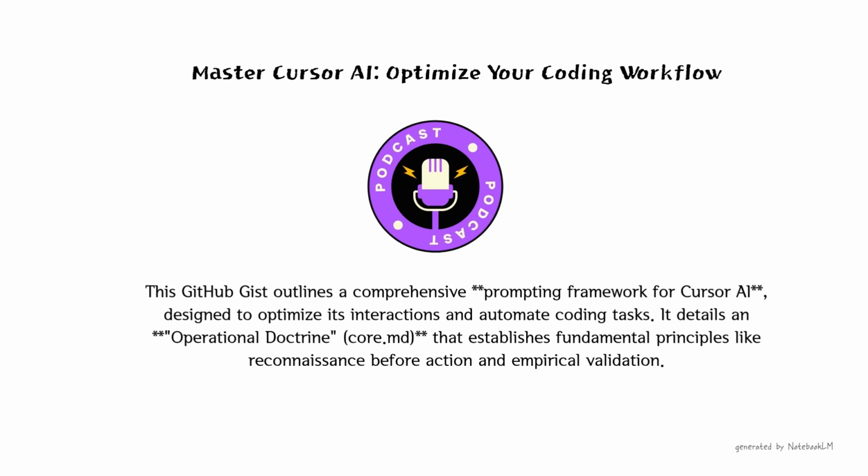Okay, let's recap. We've journeyed through this really quite sophisticated framework, the Cursor AI prompting rules. It goes way beyond just writing good prompts. Definitely. We've seen this operational doctrine, the always-on principles, combined with structured playbooks like request.md, refresh.md, and retro.md.